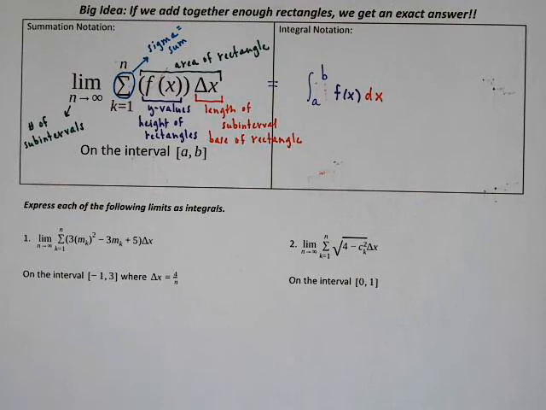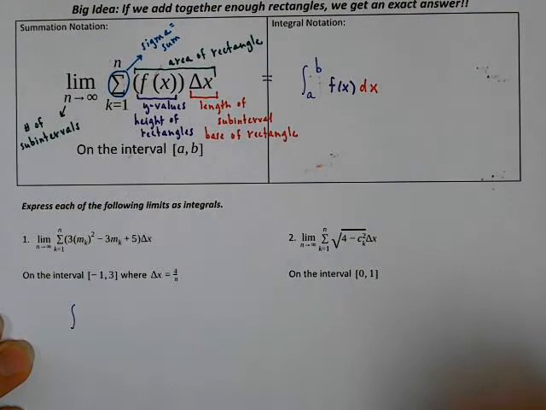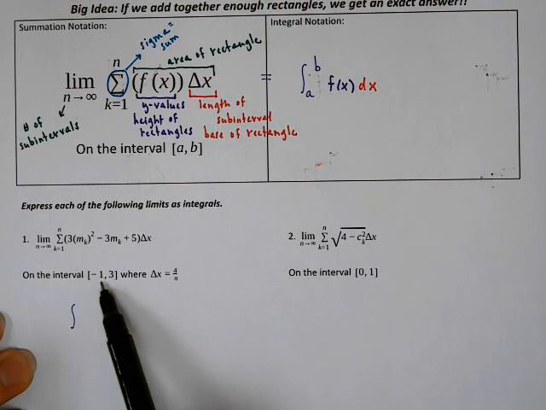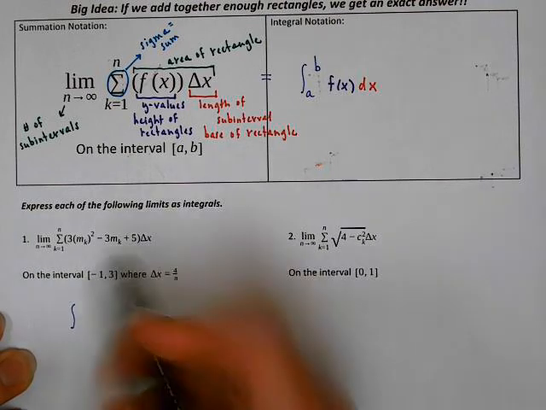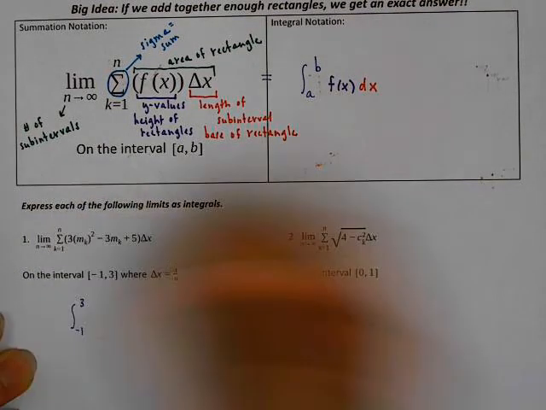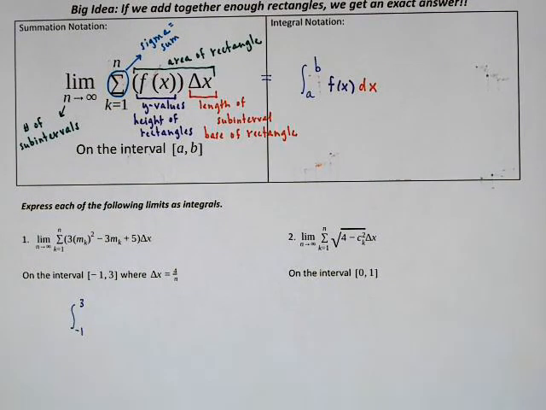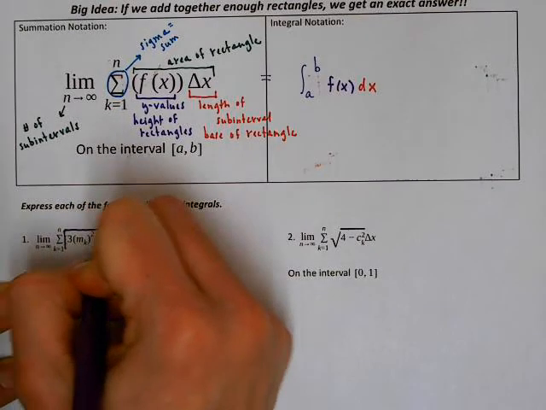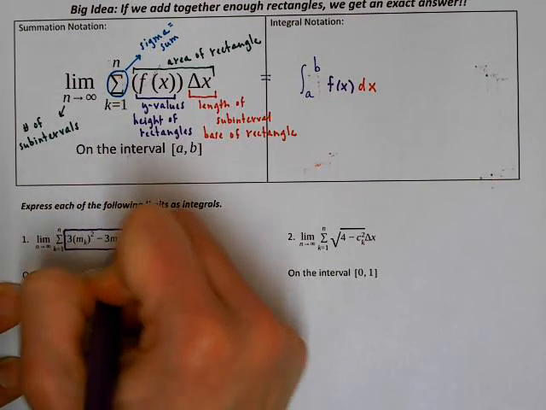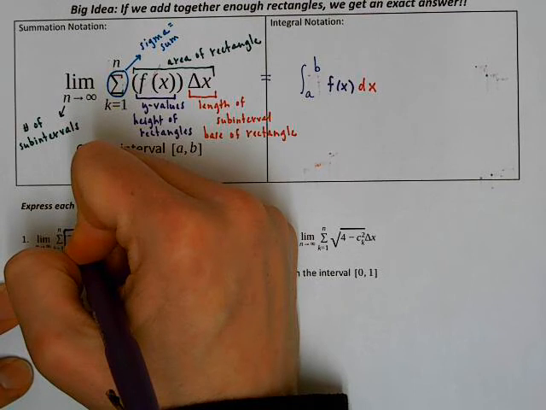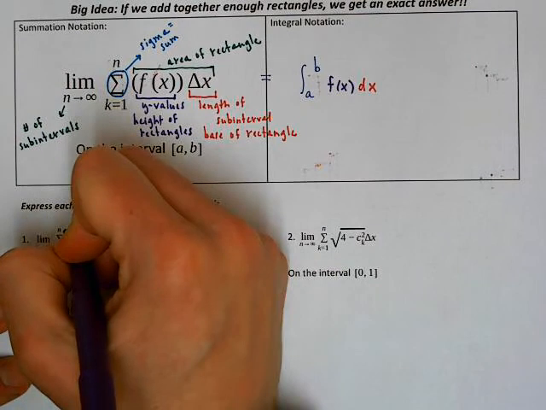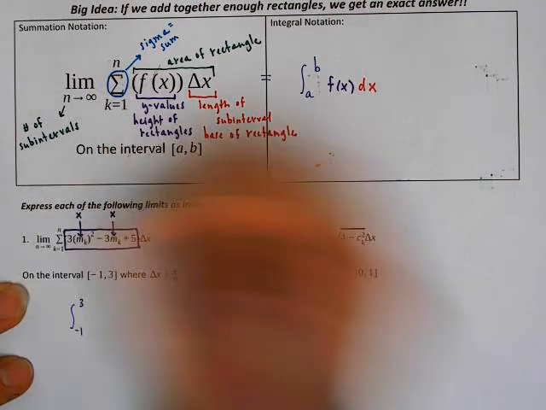So here's how that works. I'm going to start off my integral always with the integral symbol. Now, the bounds of my integral are going to come from my interval. So -1 to 3. Now, here was my function, right? It comes right after that sigma. So it's all of this. And the idea here is these things that look kind of strange to us, the m sub k, we're just going to translate those into x's in our integral notation.